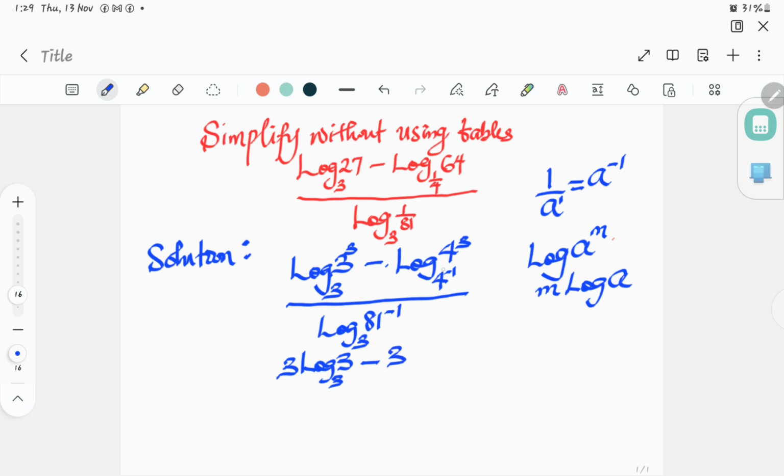But another part is, anytime a base is carrying a power, when it wants to come to the back, for instance, the same way this m came here, if you have, let's say, log a b raised to the power of m, this base, since it's carrying a power, the power can also come to this place, but it will come in an inverse way. So what's the inverse of m? It's going to be 1 over m log a base b.